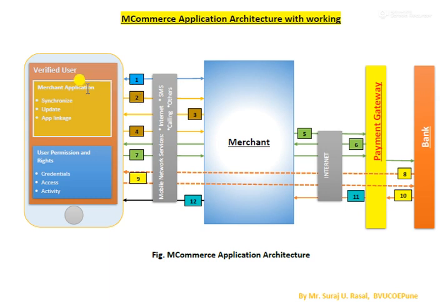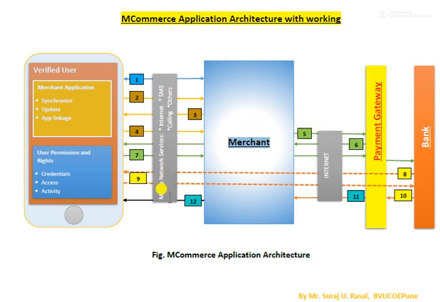Second, when the user is ready to buy a product like a book, the user delivers the request to the merchant. Based on the request, the merchant delivers back the confirmation response. The user needs to confirm this request delivered by the merchant, so that in the next step the merchant can proceed with the financial transaction.